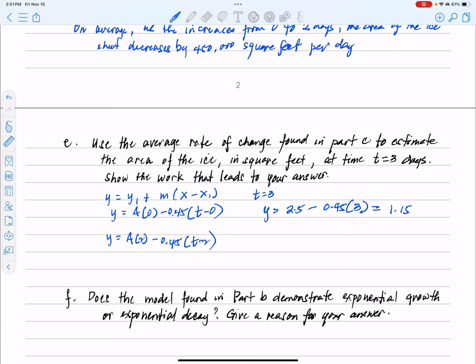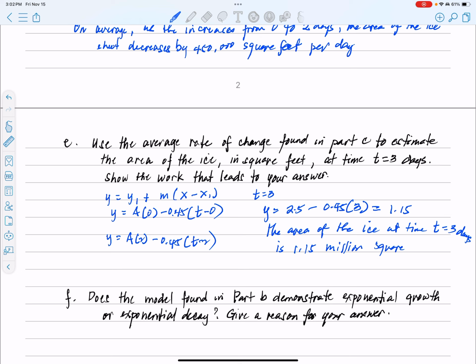The area of the ice at time t equals 3 days, remember, it has been reduced as days move on, is 1.15 million square feet.